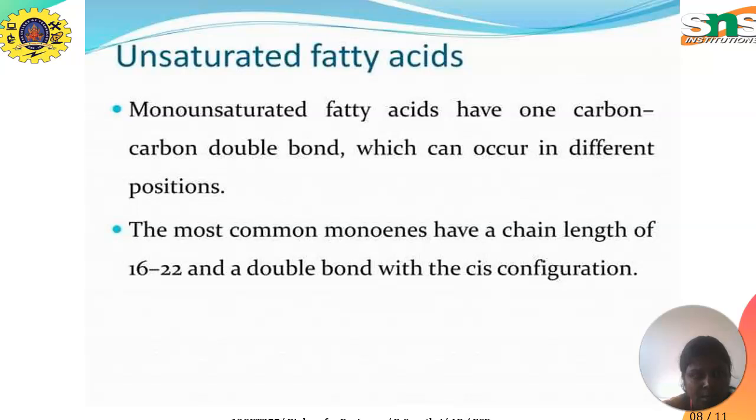The next category is unsaturated fatty acids. The monounsaturated fatty acids have one carbon double bond, which can occur in different positions. The most common monoenes have a chain length of 16 to 22 and double bonds with cis configuration.